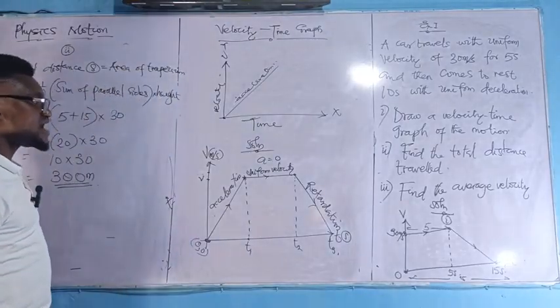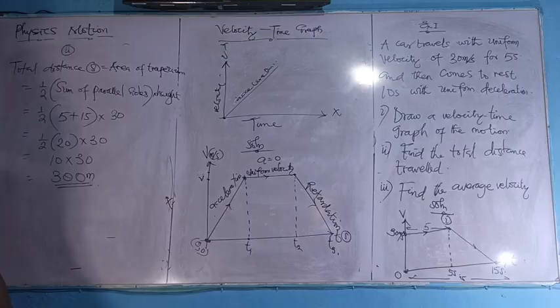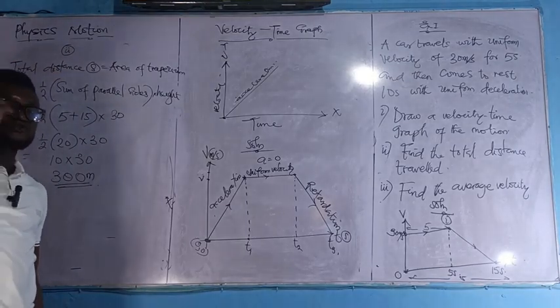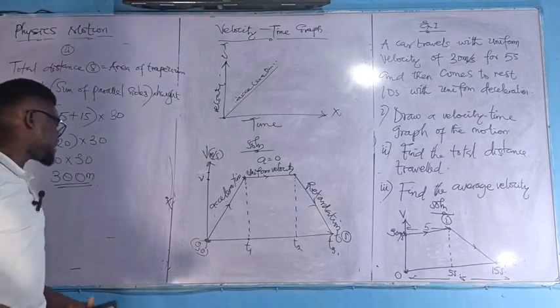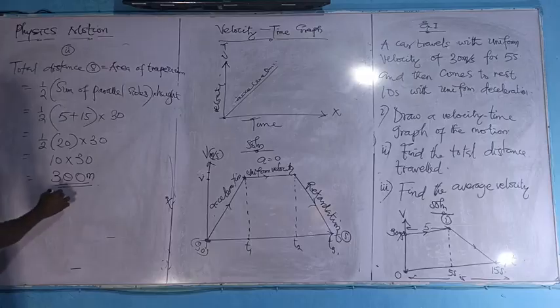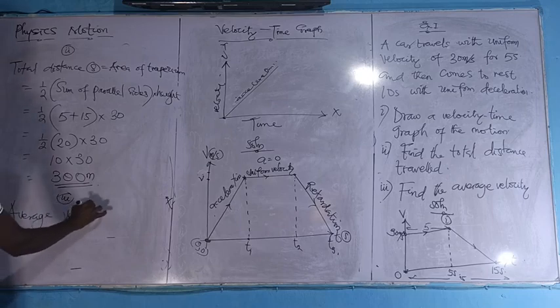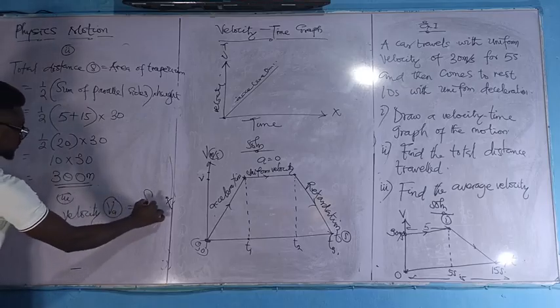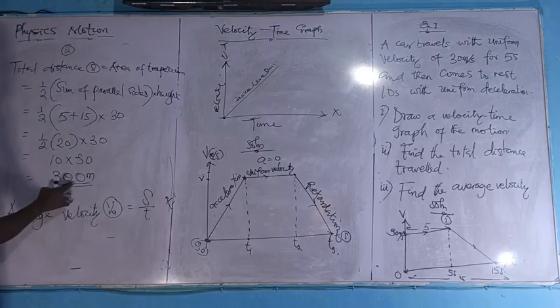Then you remember, average velocity has two formulas. We have (u plus v) over 2. Also, we have total distance over total time. So, the third exercise, average velocity. So, average velocity here, we work with total distance because we've got the total distance.